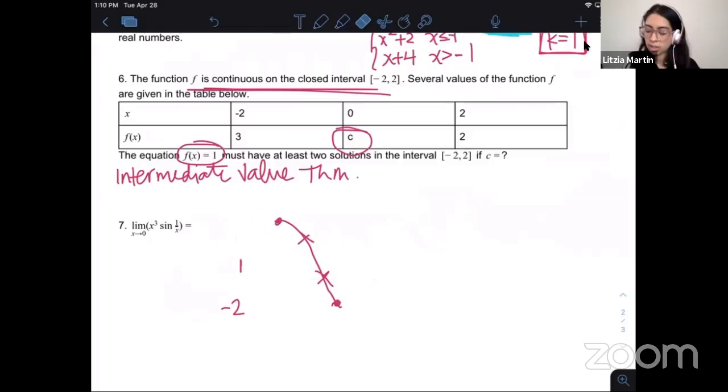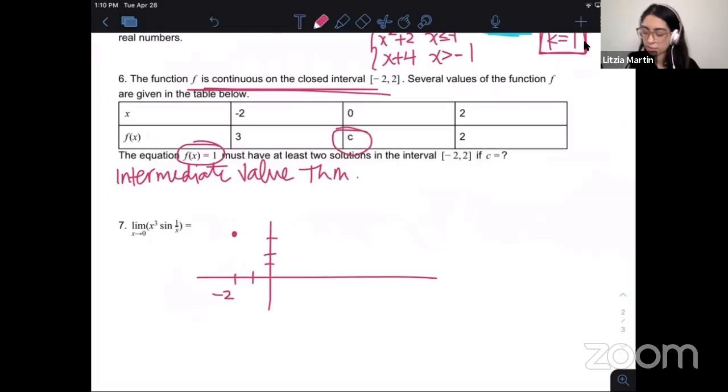I can do a quick little sketch here. -2 and 3 is right here, and 2, 2 is right there.